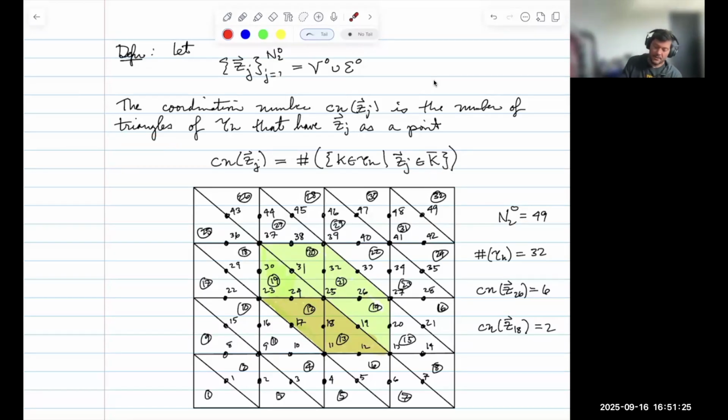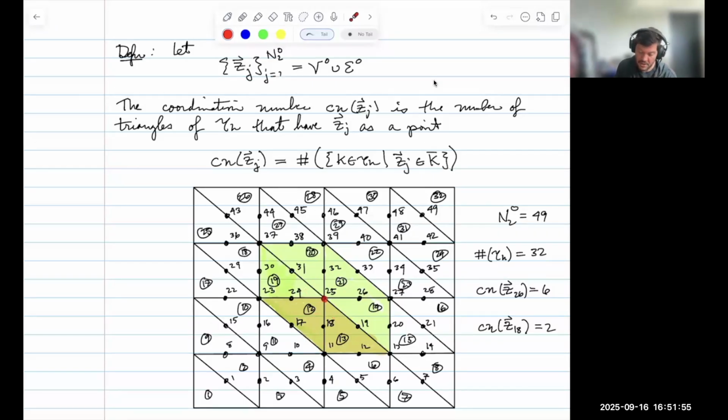Okay. So let me see if I can explain this. Suppose I have this node here. Okay, so this is node number 25. What is its coordination number? It's the number of triangles that have that node either as a vertex or an edge midpoint node. So how many are there? There's one, two, three, four, five, six.